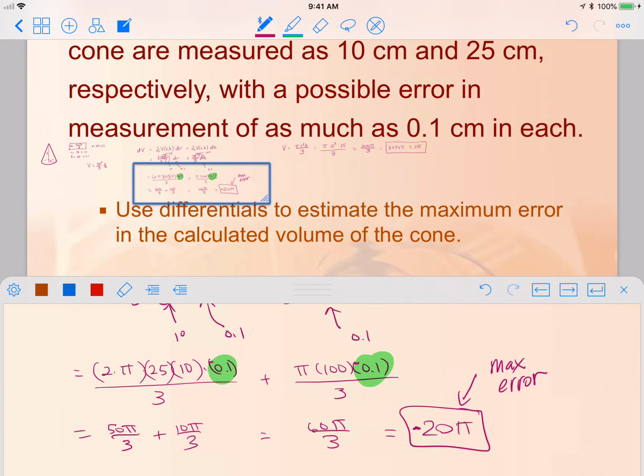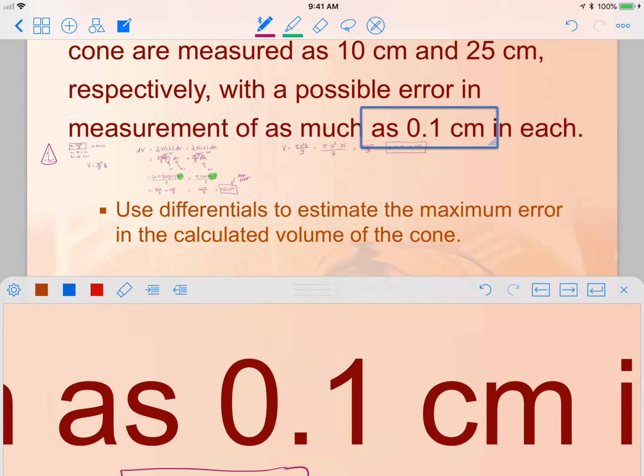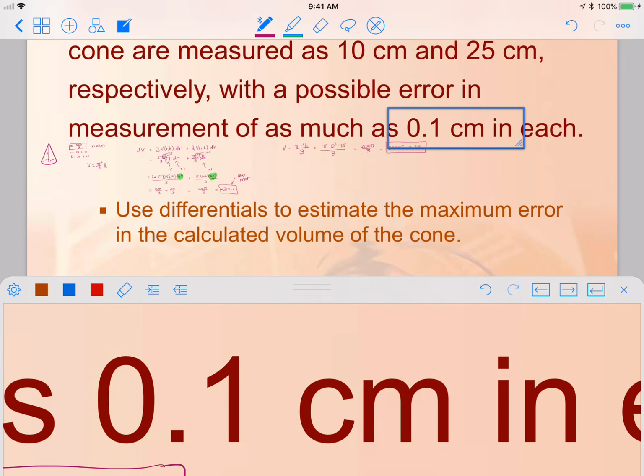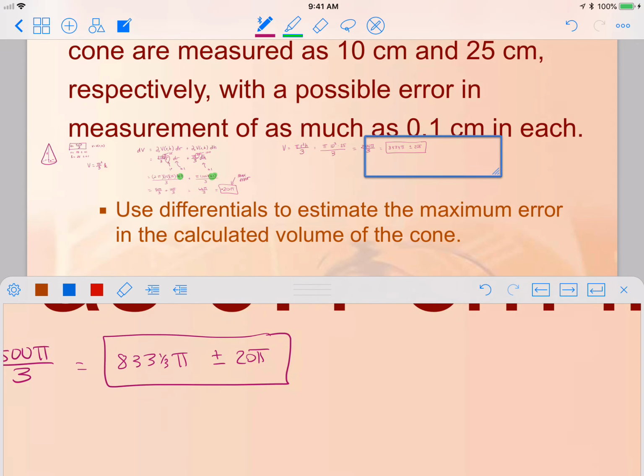Okay, so overall, the 0.1 centimeter error in just one of the dimensions propagated to, let's see, what's 20 over 833? To like a 2.4% error in the entire volume. Okay.